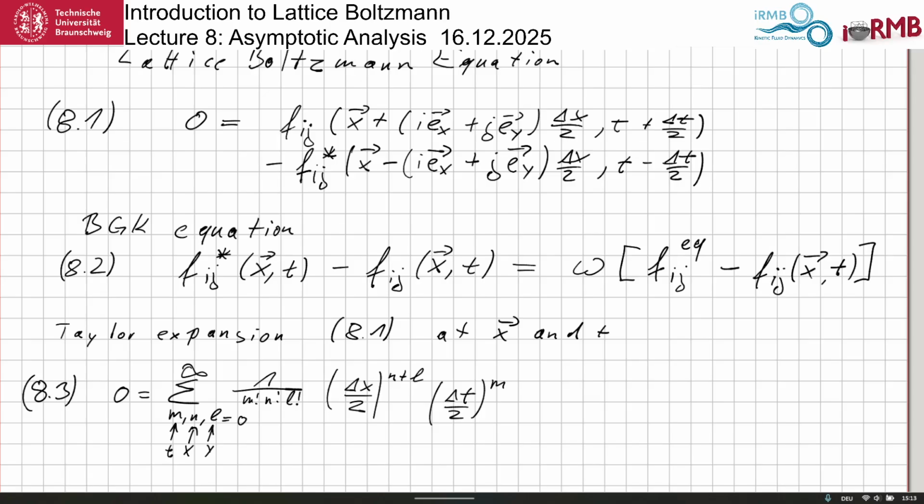Now I used shorthand for the derivatives because they again get long. So this is the mth derivative in t, the nth derivative in x, and the Lth derivative in y.